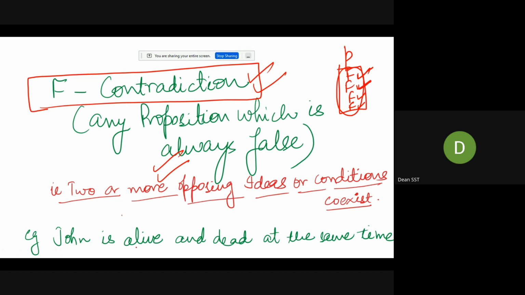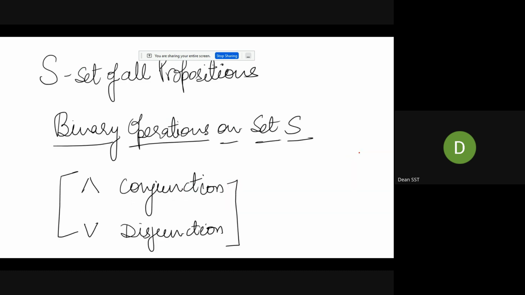For example, John is alive and dead. The value of this proposition will always be false, so under this we will always write F. This is a contradiction.